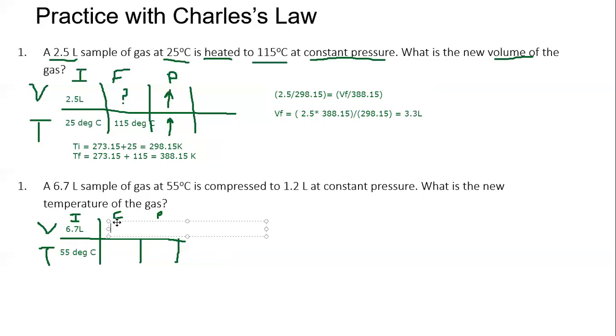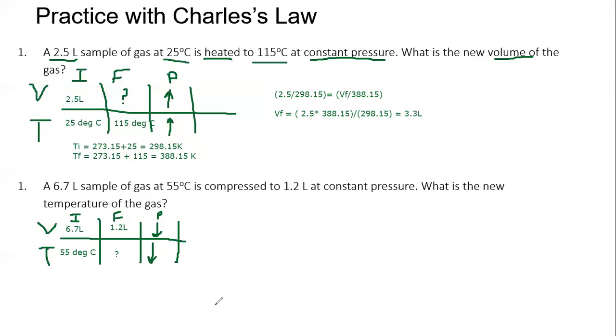Final volume, 1.2 liters. And the final temperature is what we're looking for. Now the final temperature needs to be in degrees Celsius. So here we're decreasing the volume, so our temperature should also decrease.